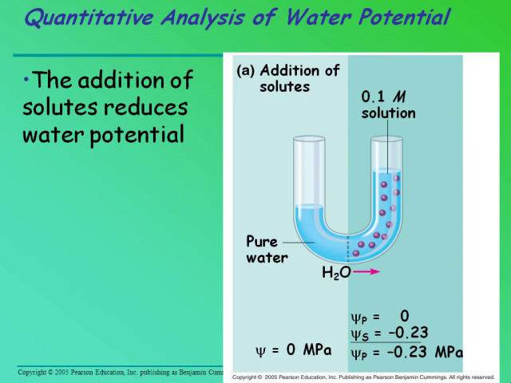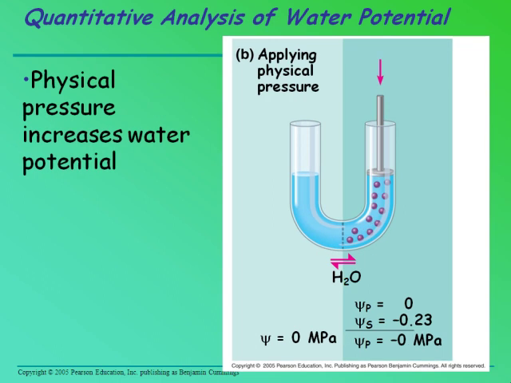So these different values in the left and right arms of the U-tube are given for initial conditions before any net movement. Okay? So if no pressure is applied, this right here determines net movement of water.